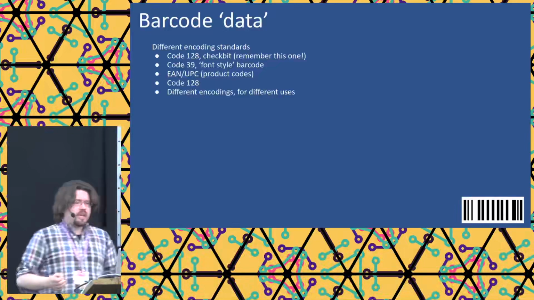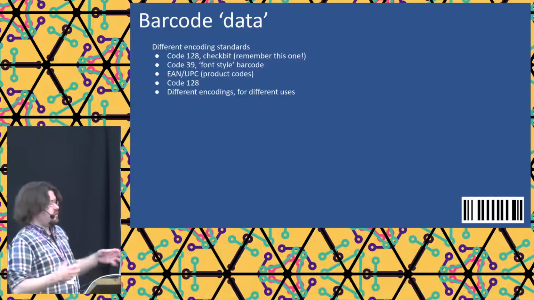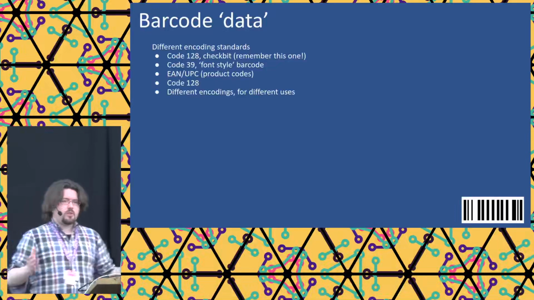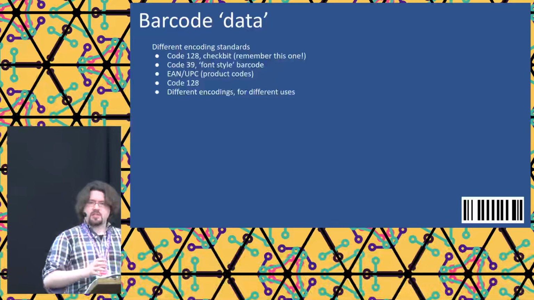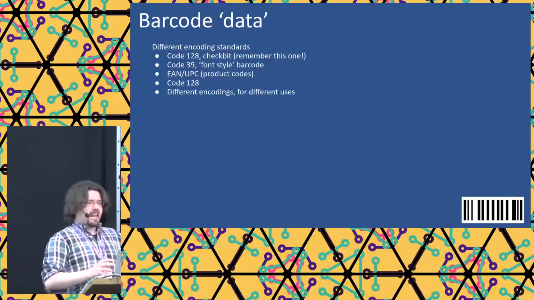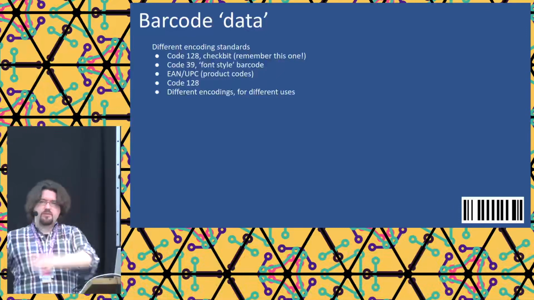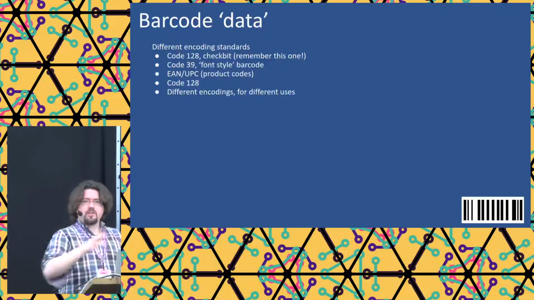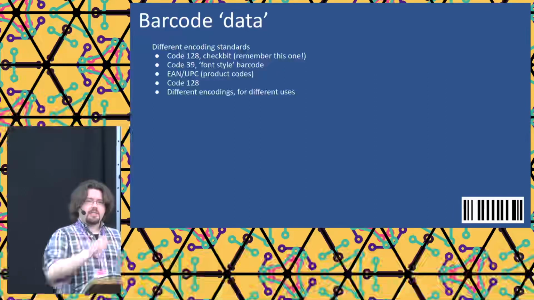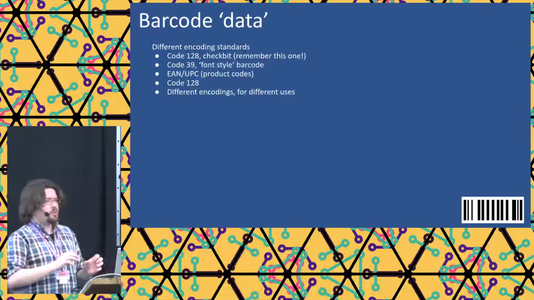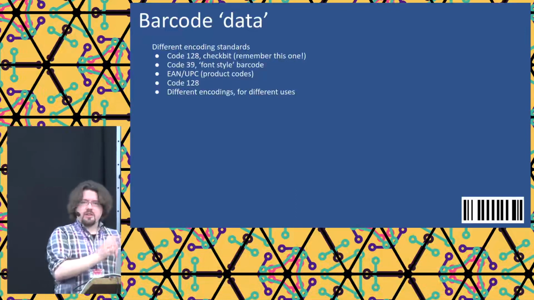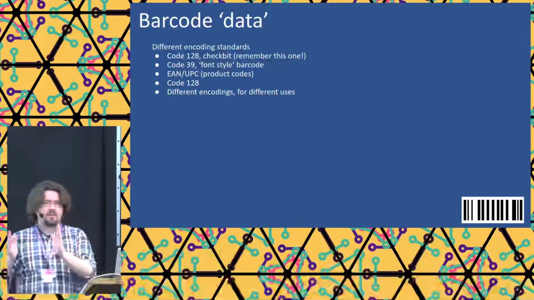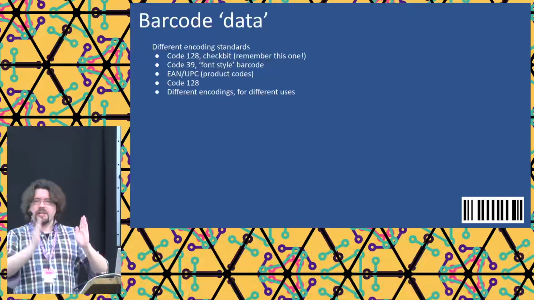You have code 39, which is really interesting because it's more like a font-style barcode. The problem is the data density isn't that large, because it has a specific barcode character, a combination of stripes, for every single character it wants to encode. And it's built in such a way that if you scan it halfway in between the characters, the last bit of the first character and the first bit of the second character don't combine into a proper character.